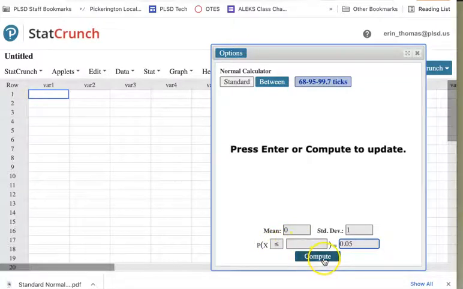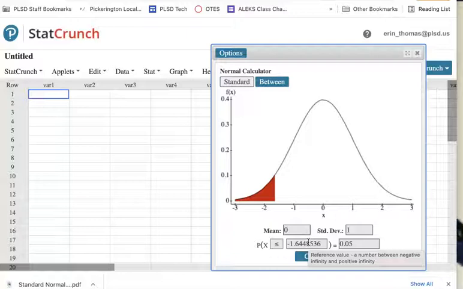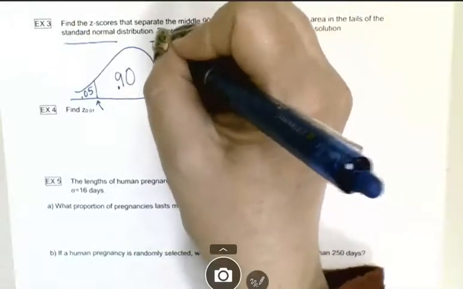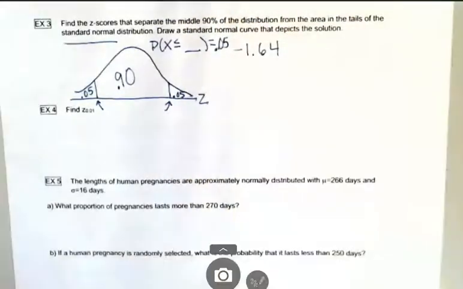I click compute, and then it gives me negative 1.64. What I pressed into StatCrunch was probability of x less than or equal to blank equals 0.05. So that's how I got that.